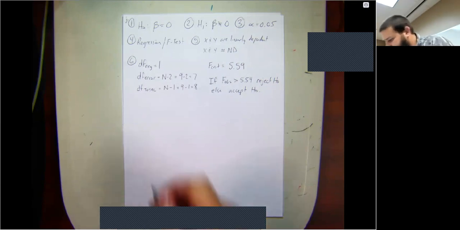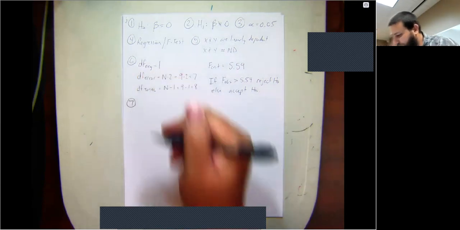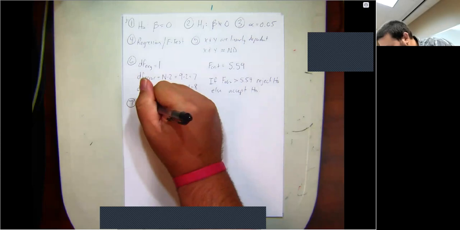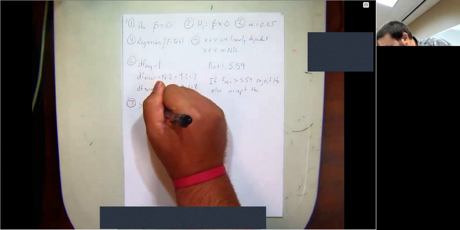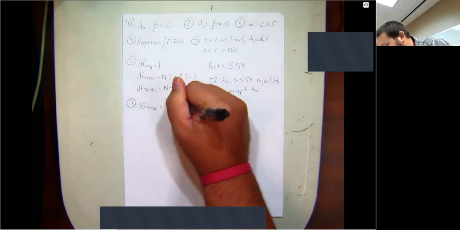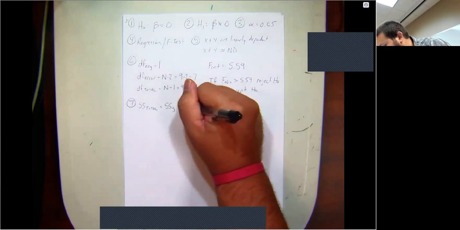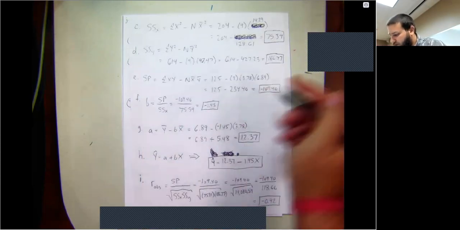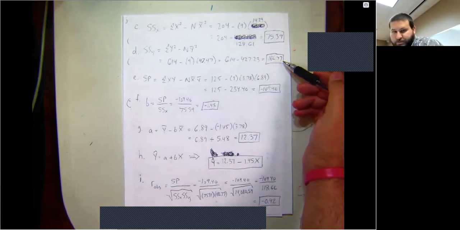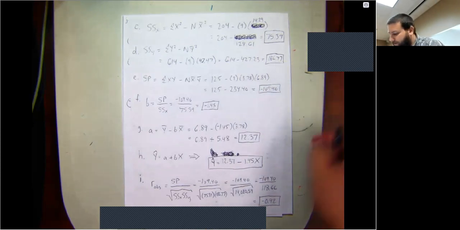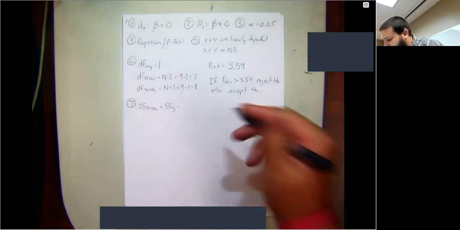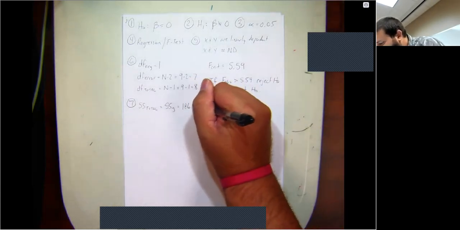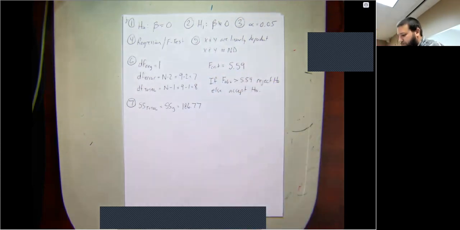Step 7, calculate the F. Sums of squares total equals SSY. SSY, bring it back in just briefly, 186.77. We calculated that in D. 186.77 is our total sums of squares.